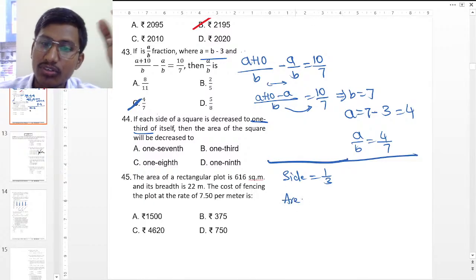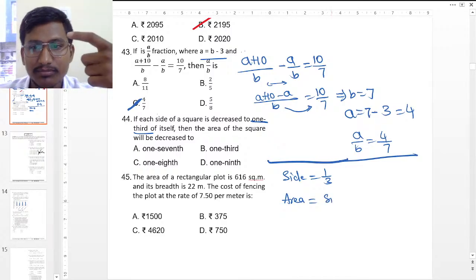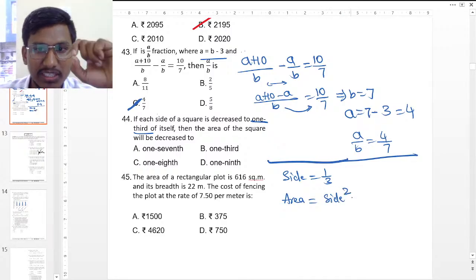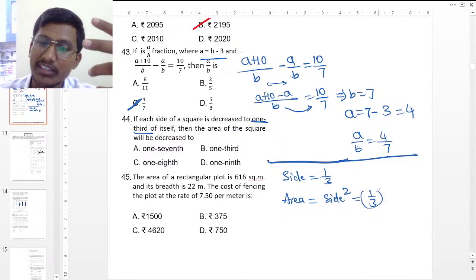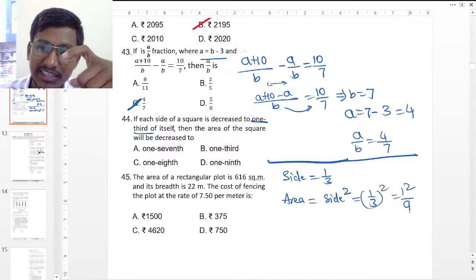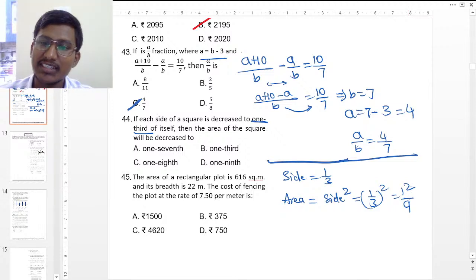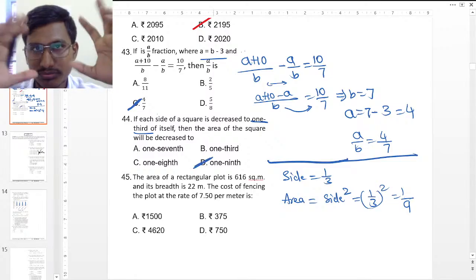Area of a square is side into side, or side square. So that is 1 by 3 whole square, which means 1 square and 3 square is 9. So 1 square is 1 and 3 square is 9, so that is 1 by 9. It will become 1/9, option D for 44.